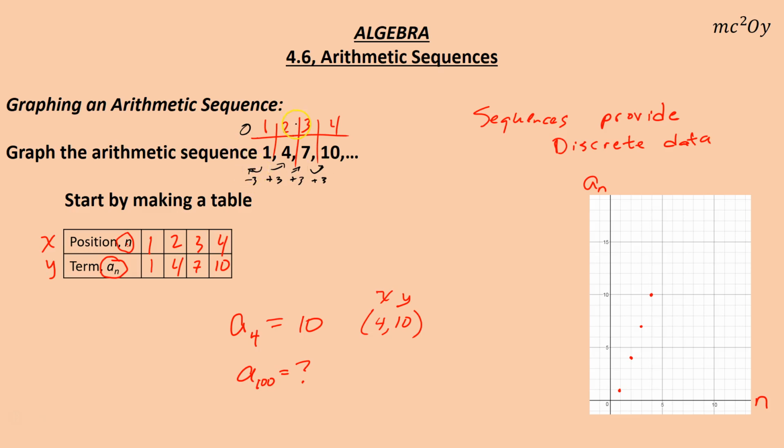If I go backwards 3, that means I'm at -2. So my equation would be a sub n is equal to, well, the slope is 3x, or 3n, minus 2. Okay, and we could do the math from there. 3 times 100 minus 2 is 300 minus 2, or 298.